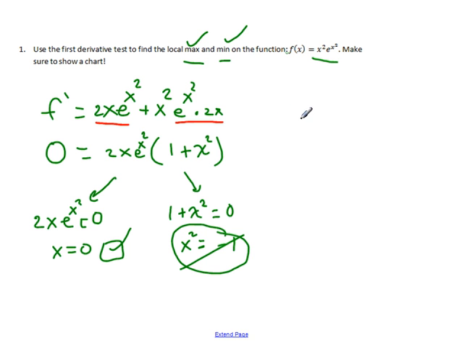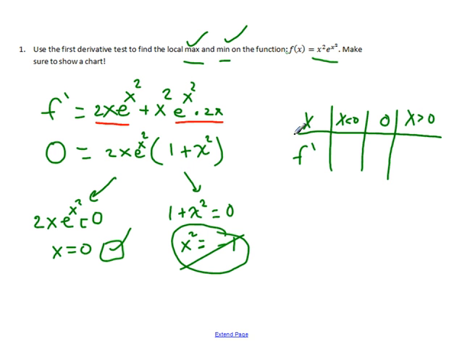So then we make a derivative chart, and when we make a derivative chart, we're looking at 0, x less than 0, and x greater than 0. And we're putting that into the derivative, so this here. So when x equals 0, our derivative is 0.